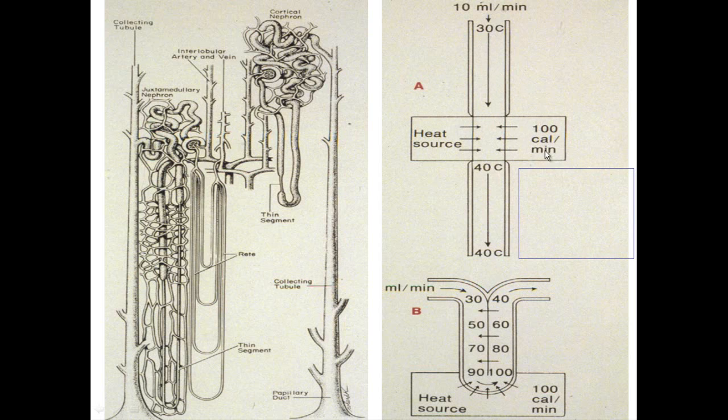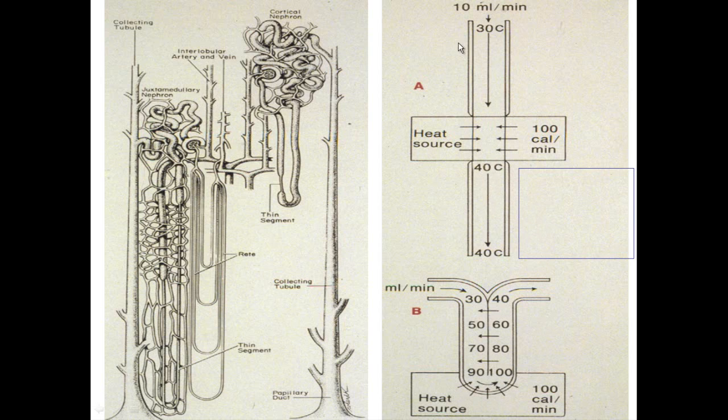The same amount of calories is going into this heat source in both of these. But if you have this hairpin loop like that, then you're able to increase the temperature within the contents with the same amount of heat that we have with a straight tube.